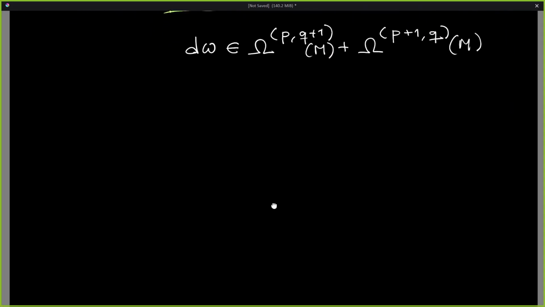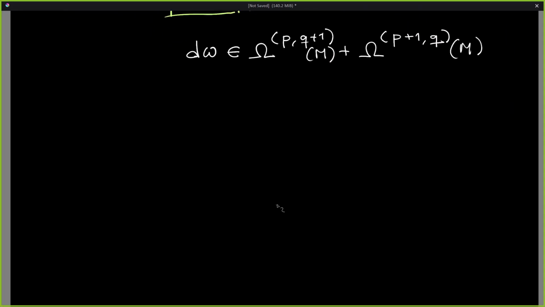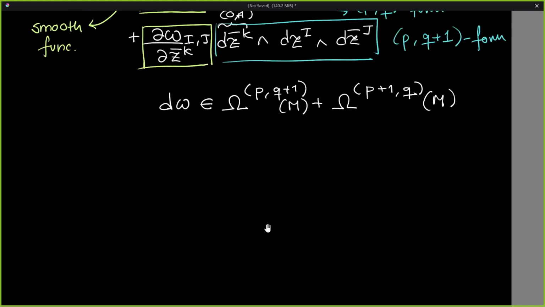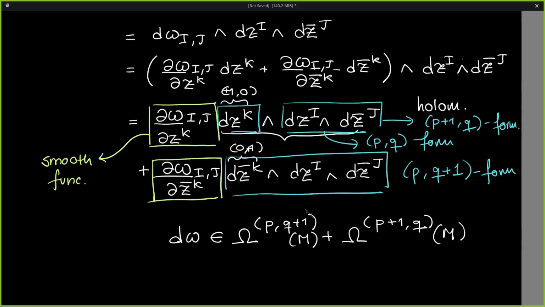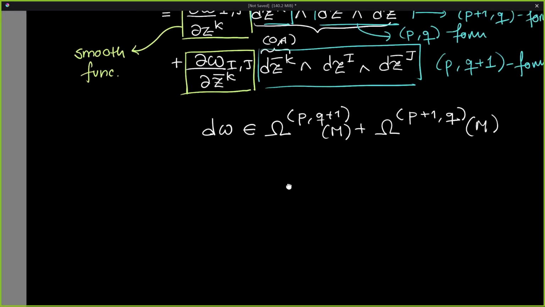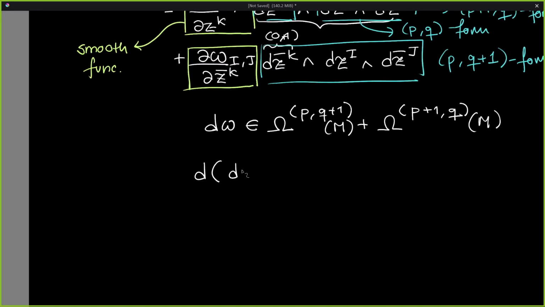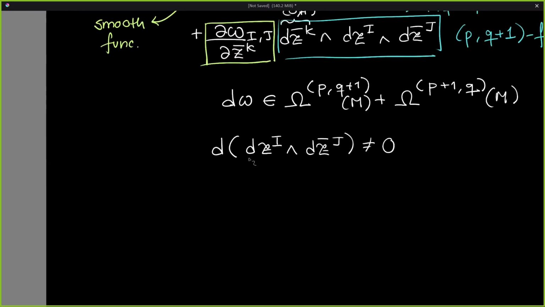So okay, we've proven that. This wouldn't work precisely when that other term would not be 0, right? If we couldn't say this, dz I wedge dz bar j, this would not be 0 if these were not closed forms.